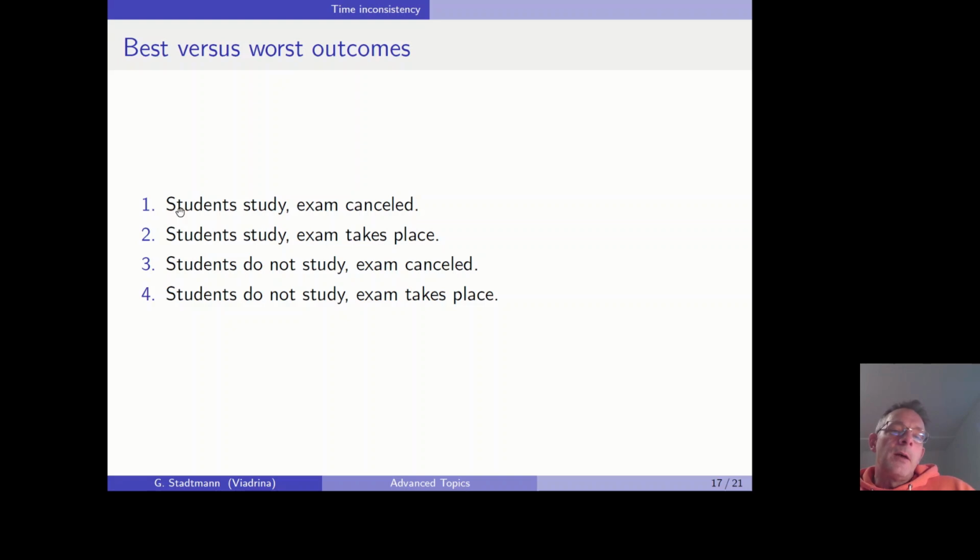It's the best outcome because the students study hard, so they learn something, but the exam is cancelled and the professor doesn't have to grade the exams. So the professor can focus on research, or prepare for the next lecture, so the professor can save some time.